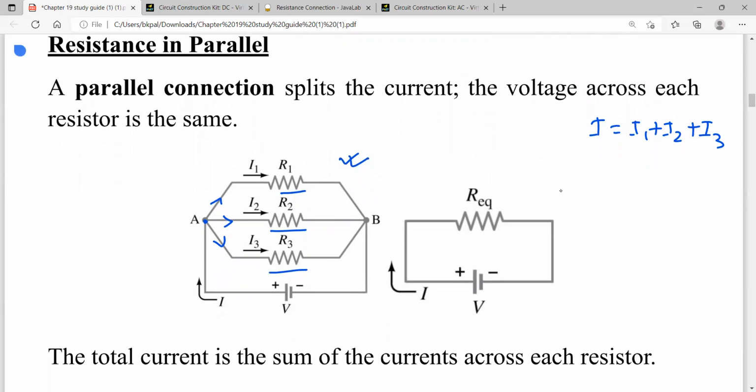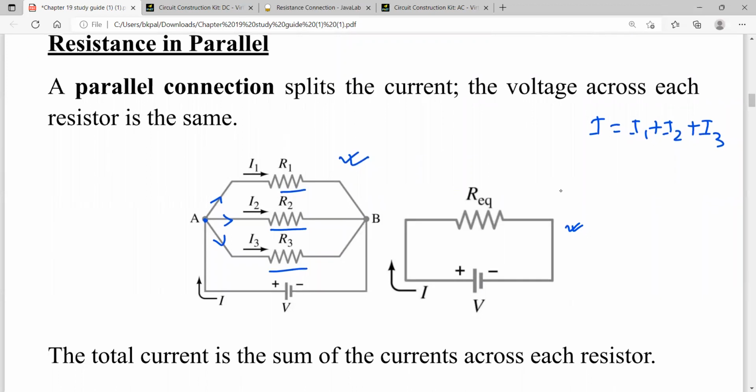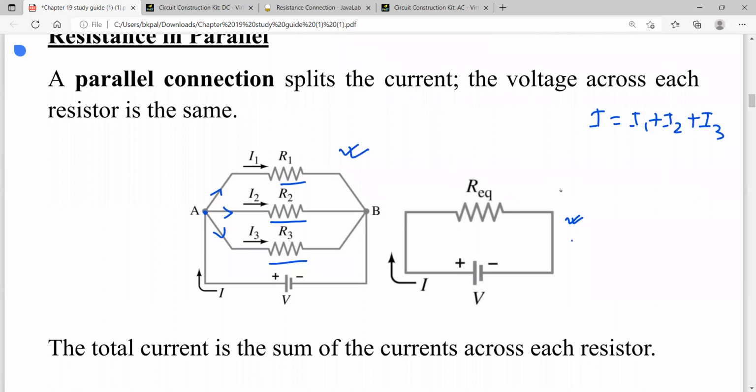So we can draw a very similar circuit as in the last concept. Here is basically the same thing, I R_EQ. Now here the potential drop is I1 R1, here it is I2 R2, and here it is I3 R3.